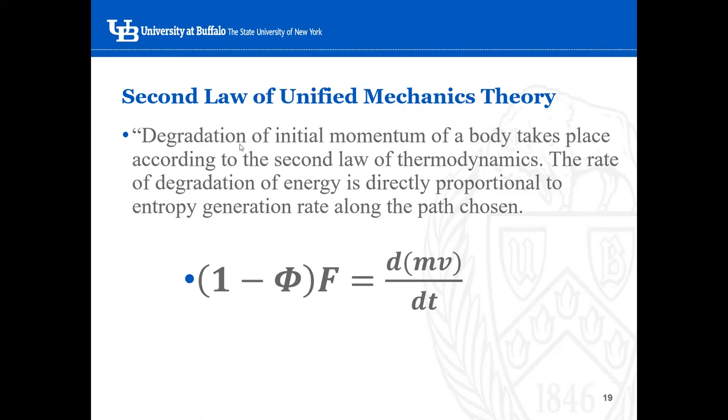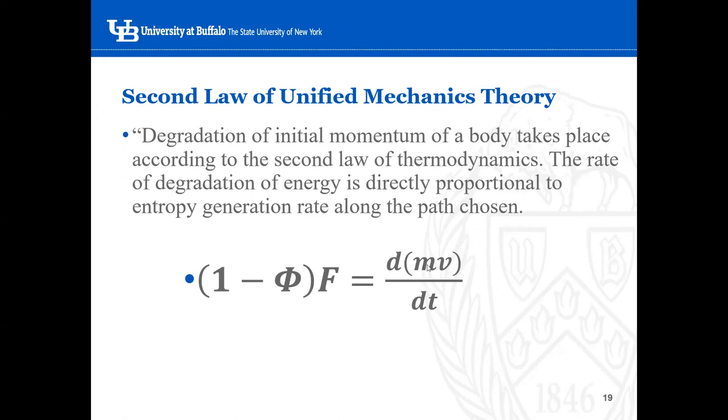The second law says degradation of initial momentum of a body takes place according to the second law of thermodynamics. The rate of degradation of energy is directly proportional to the entropy generation rate along the path chosen. So this piece is the modern definition of Newton's second law, F equals ma.